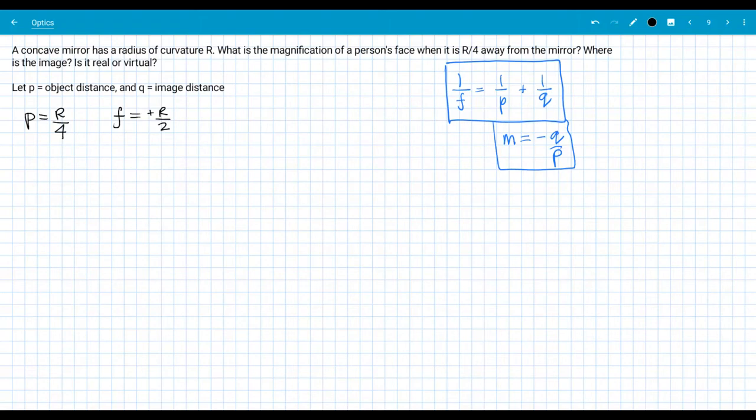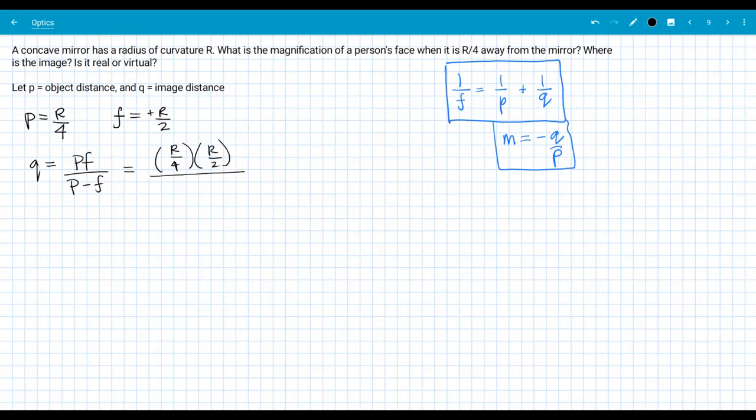Cool. So we can go ahead and set up from our mirror equation, and I have on the right here our mirror equation and magnification equations that we're working with. So I am solving for my image distance. Let me just do that first of all. It's going to be equal to the product PF over P minus F. And what does that give us? R over 4 times R over 2.